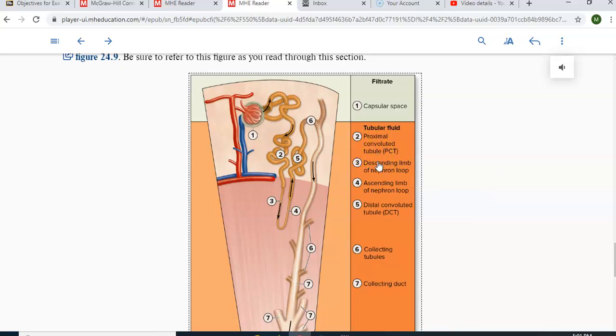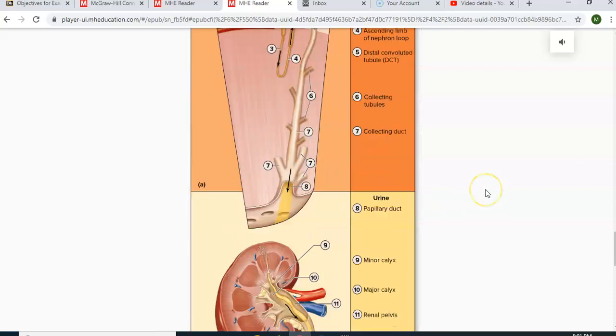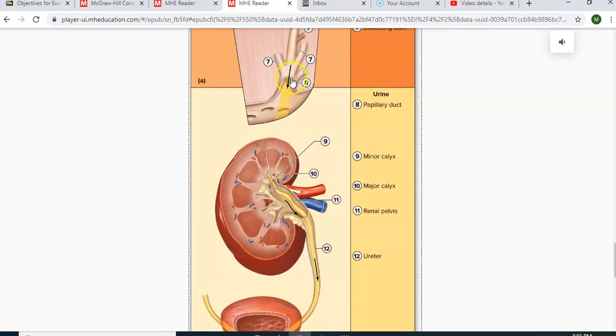Remember the descending loop of Henle, the ascending loop of Henle, the distal convoluted tubule, and then into the collecting tubules, and then into the collecting duct. So then once it leaves the collecting duct, we start calling that fluid urine.